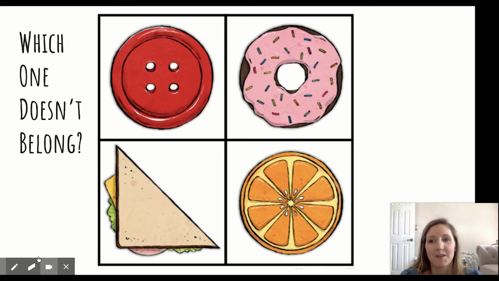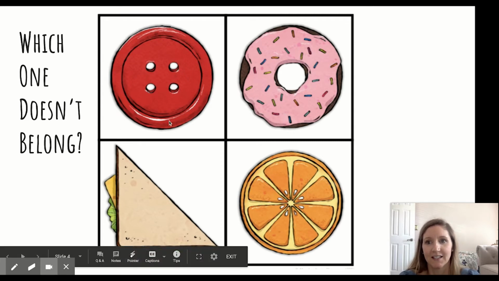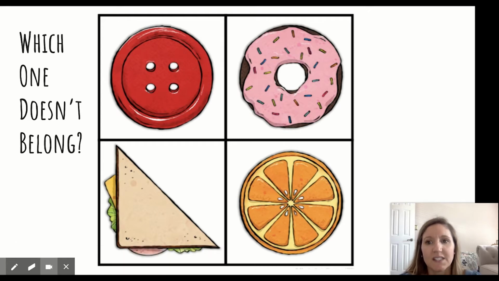To play this game, begin by looking closely at each object. As you can see, there is a button, a donut, an orange slice, and a sandwich. What do you notice? Talk about all the things you see in each of the pictures.